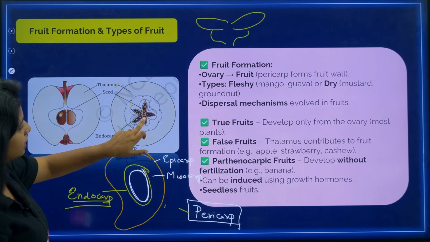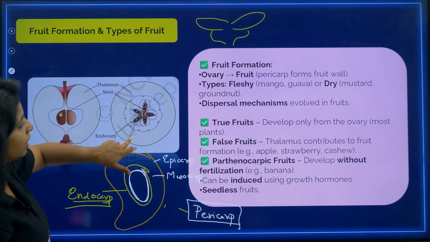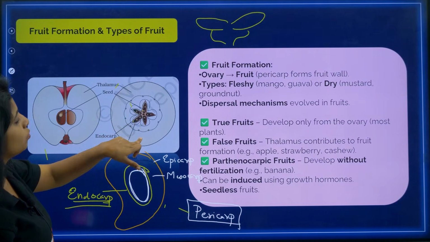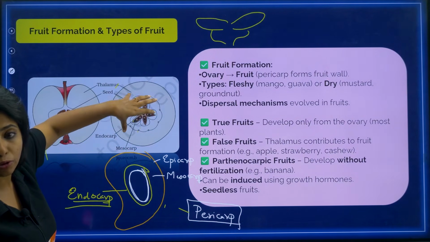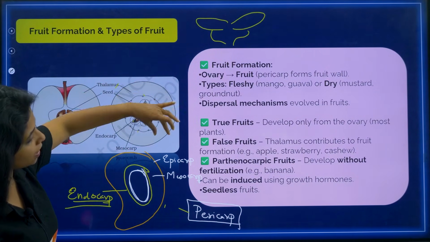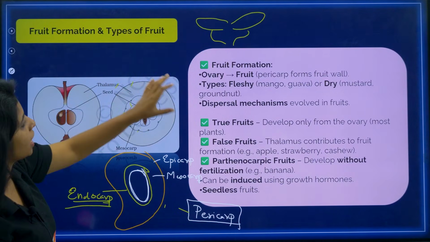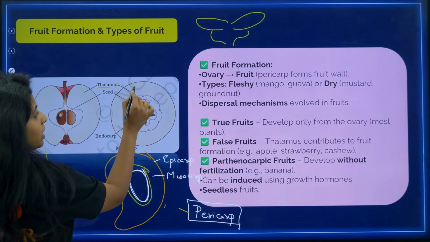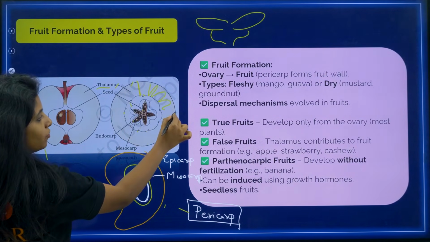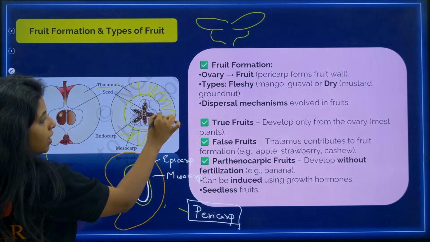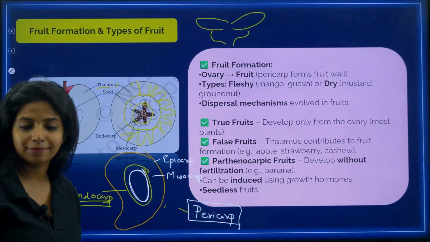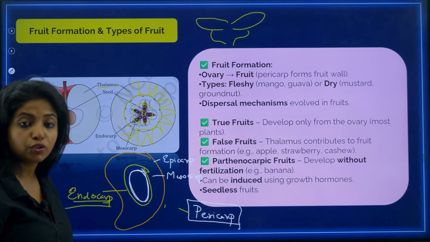So seed, then the endocarp, then the mesocarp, and then the epicarp here, inside the fruit only. Now this layer that is there might be the thalamus from which it has been formed. Every other part of the ovary is here and the ovule will be over here. Got it? So thalamus is also contributing over here.